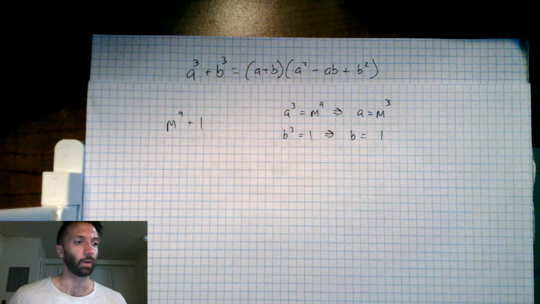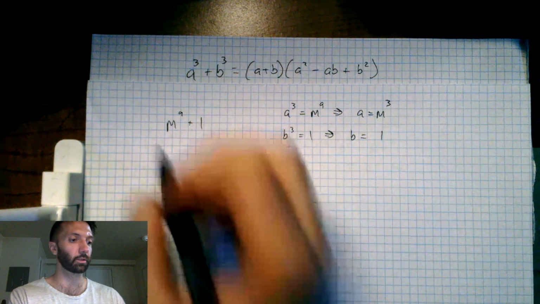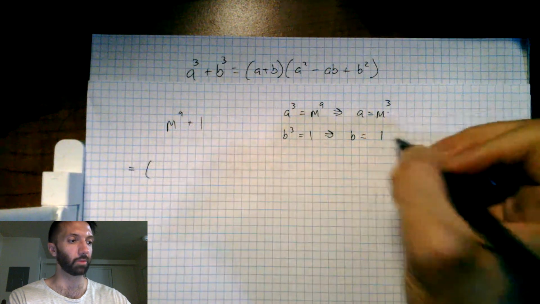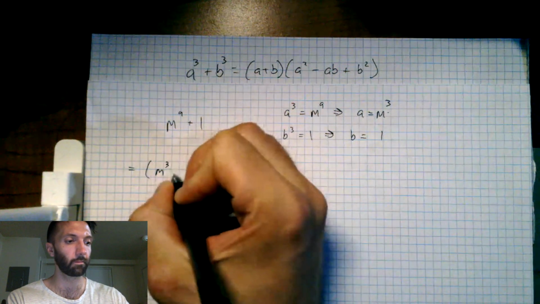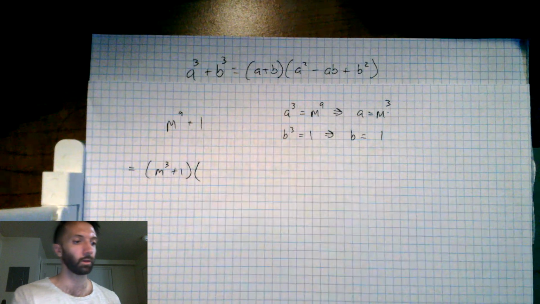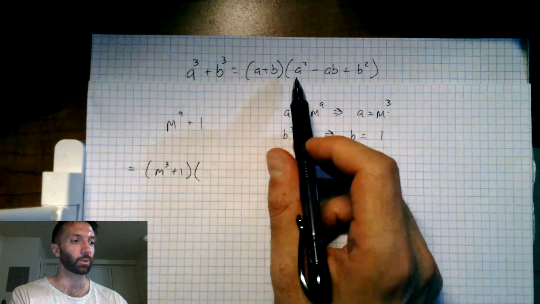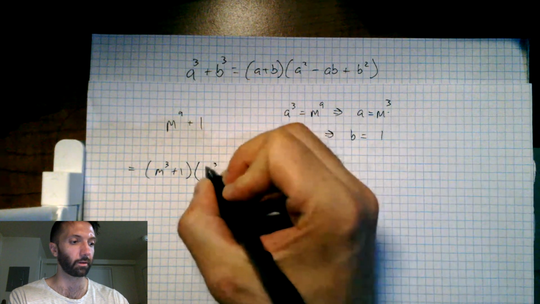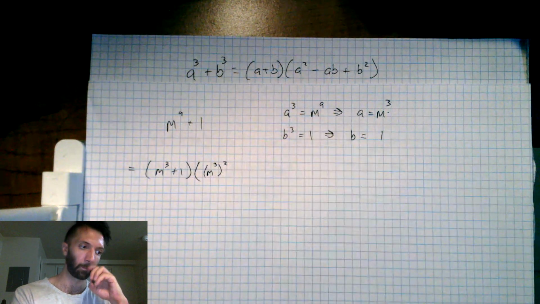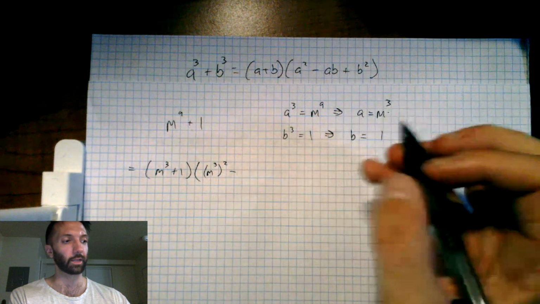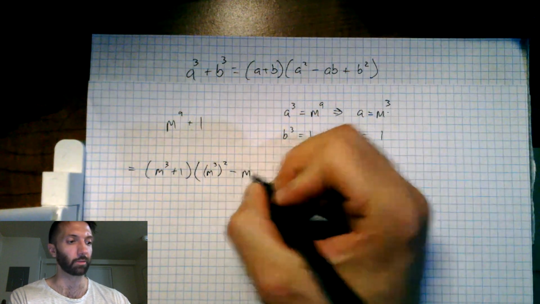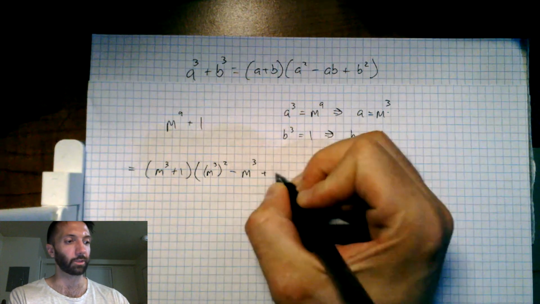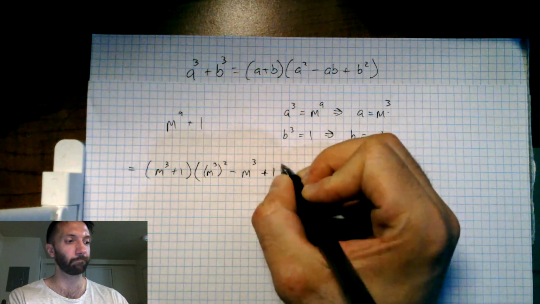Okay, now we can go ahead and make our substitutions. So a plus b, and then we have a squared. So a squared is going to be m to the third squared, minus a times b. A times b is just going to be m to the third. And then plus b squared, which is just going to be 1.